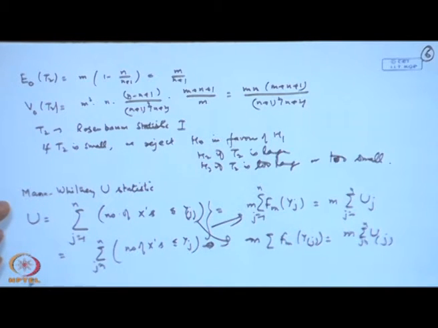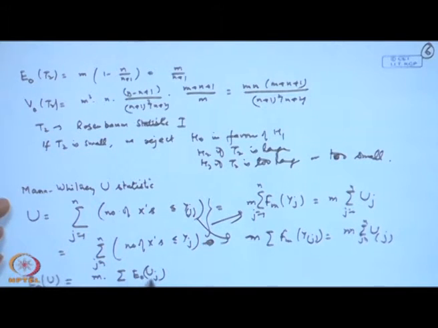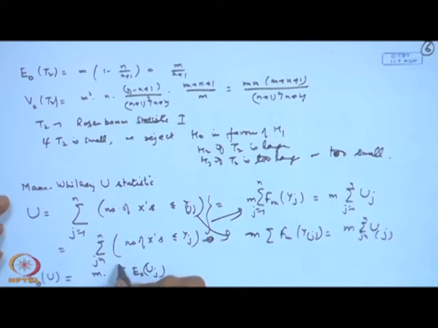We can consider the mean and variance under the null hypothesis. The mean is simply equal to m times the summation over j equal to 1 to n. We know that this was equal to half, so it is m n by 2.